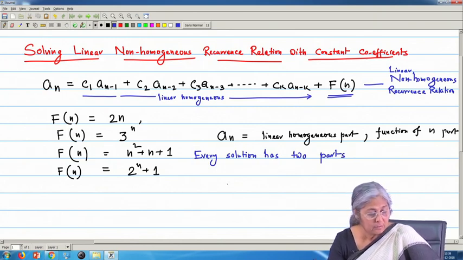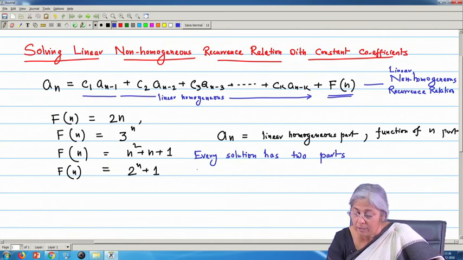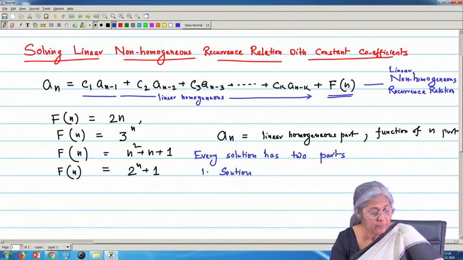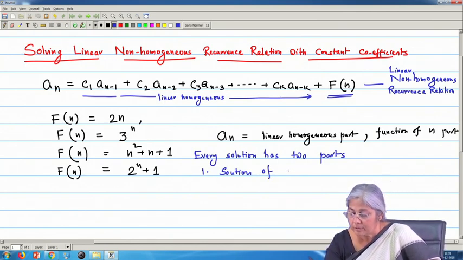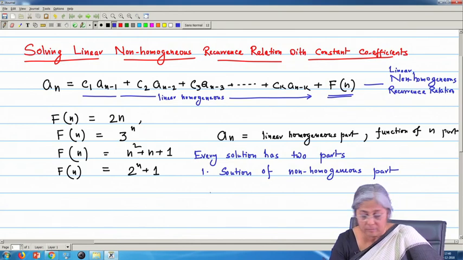One is the solution of the non-homogeneous part, we call this the particular solution.